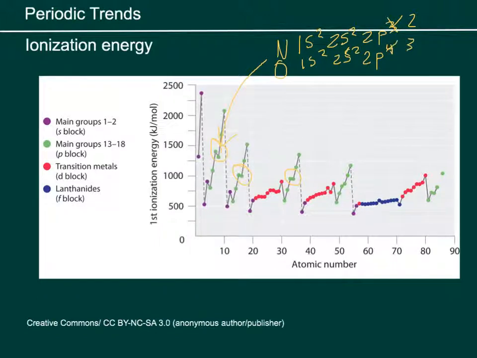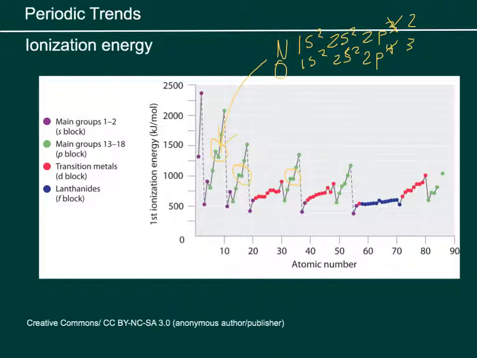It turns out that it's easier to take off the one from the oxygen and make it 2p3, because we're going to be a little more stable with a half-filled shell than we were removing an electron from a half-filled shell and making it 2p2. It's important to remember there's still a good amount of energy. If you look at this first ionization energy right here, we're still talking 1,300, 1,400 kilojoules per mole.